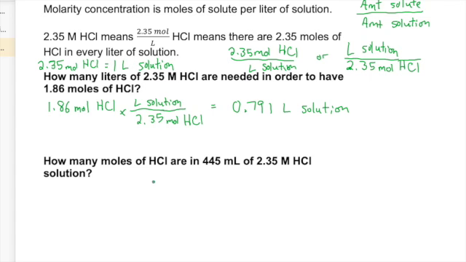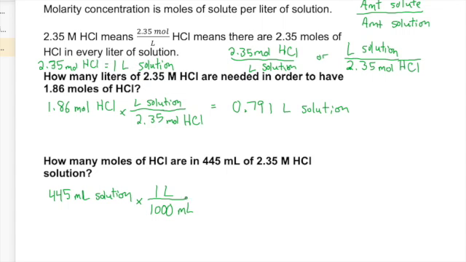The second one here, we know the amount of solution, at least we know the amount of solution in milliliters. And in our relationship here, we know the moles in the liters. So we're going to need to convert this to liters first. Might be good to keep handy the fact that there's 1,000 milliliters in a liter.